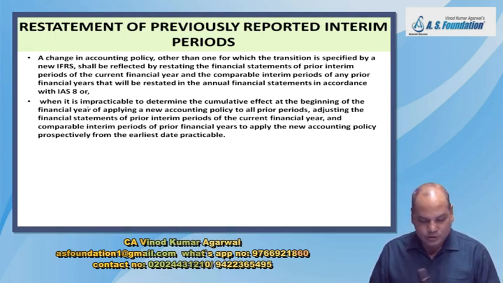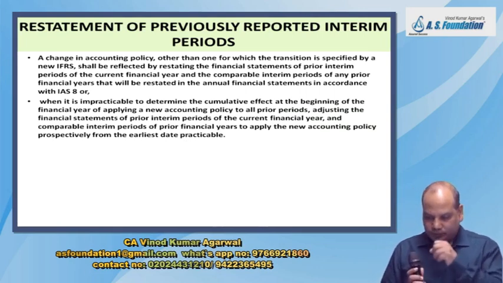And the next point is, when it is impracticable to determine the cumulative effect at the beginning of the financial year of applying a new accounting policy to all prior periods, adjusting the financial statement of prior interim period of current financial year and comparable interim period of prior financial years to apply the new accounting policy prospectively from the earliest date practicable.